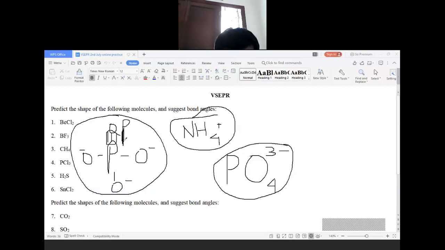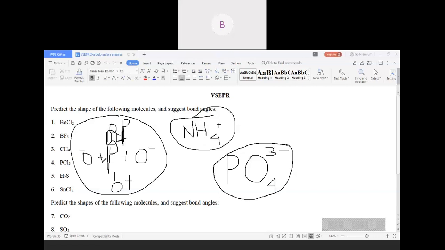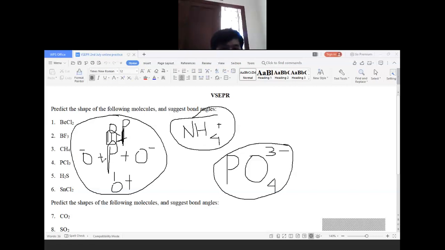So there are a total of 1, 2, 3, 4. So what is the bond angle, Bhavya? 109.5. What is the shape? Tetrahedron.